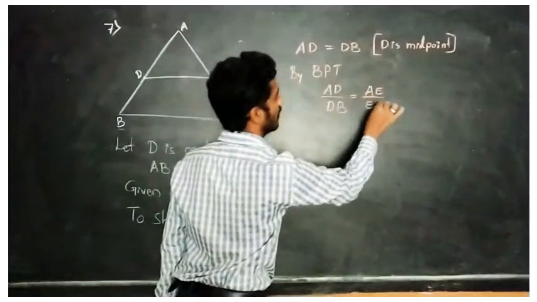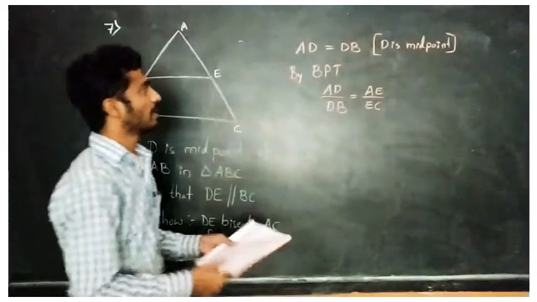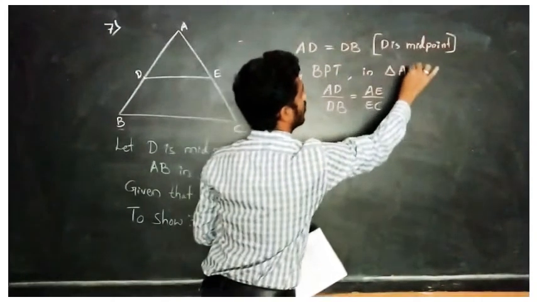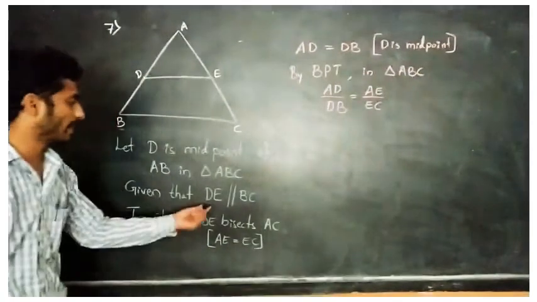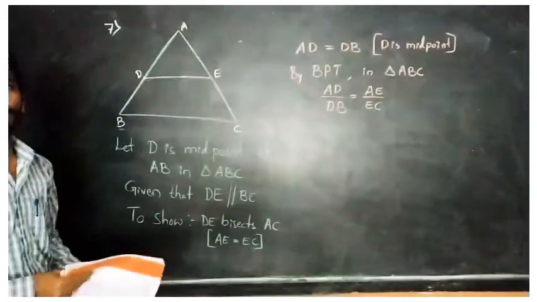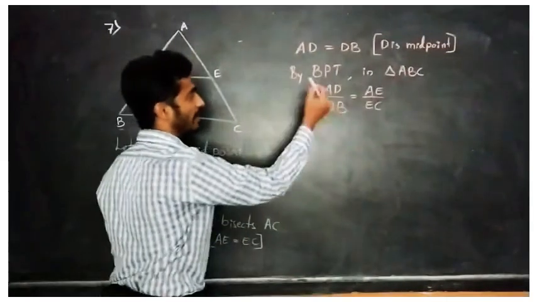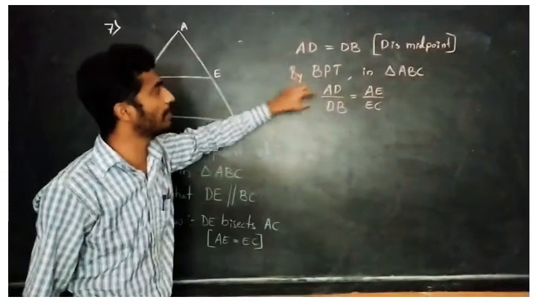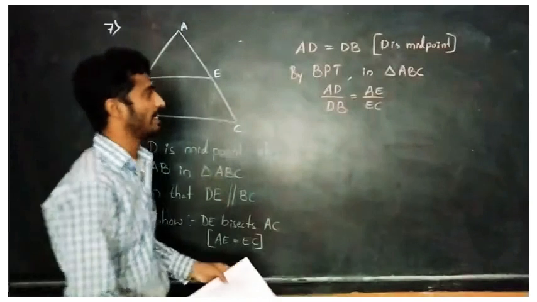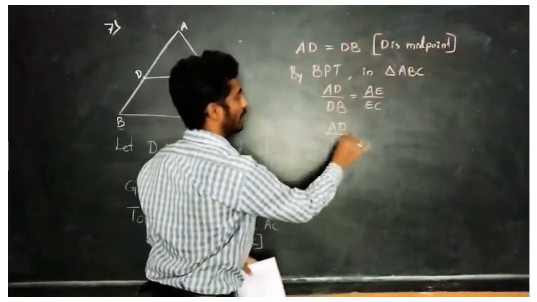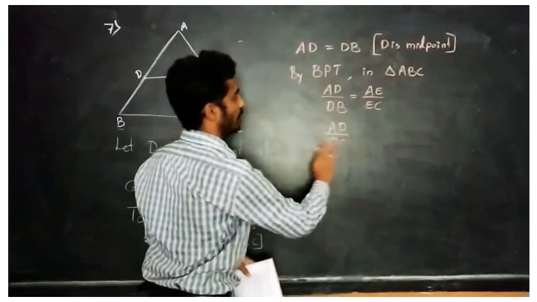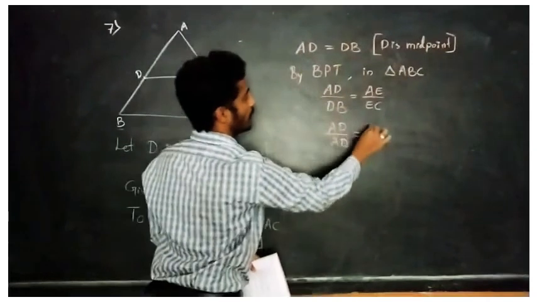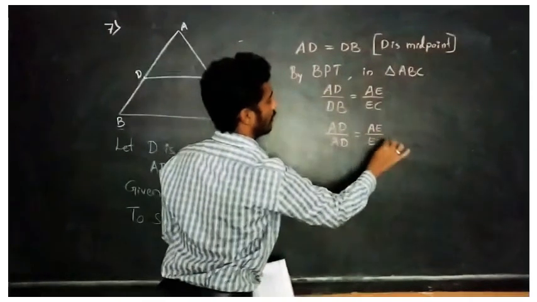So you can mention here, by BPT in triangle ABC. Already they given DE is parallel to BC. So using basic proportionality theorem, we get AD by DB equal to AE by EC. But we just got AD is equal to DB. Then in place of DB I will write AD. So AD by AD equal to AE by EC.